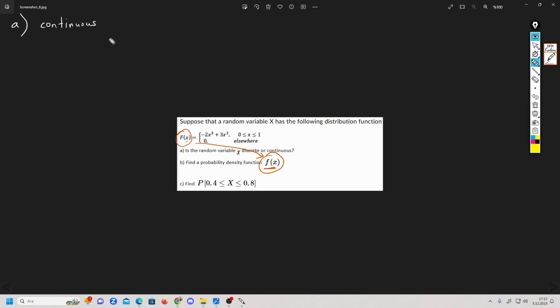Okay, part B. It is equal to derivative of this function, which is minus 6x squared plus 6x, x is between 0 and 1, and 0 elsewhere.